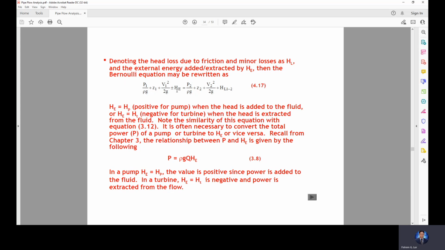So, ang power rating sa imong pump is equal to density times G times Q times the energy nga iyang ihatag sa imong system for the pump. Okay? So kung turbine siya, so this will become negative kay mag-extract og energy ang turbine. Actually same ra gihapon ang iyang power rating.